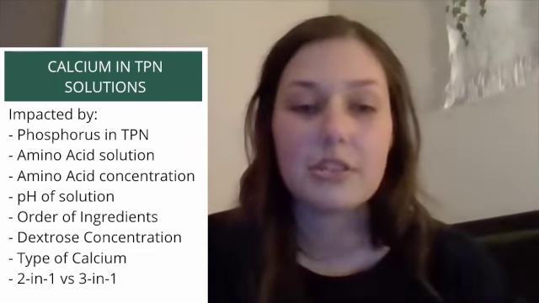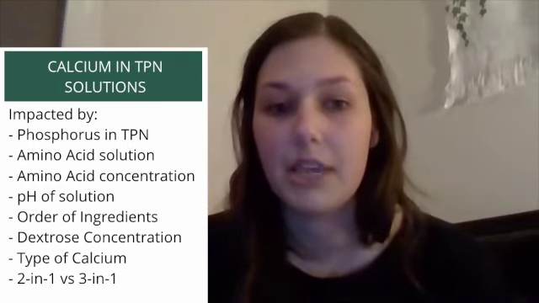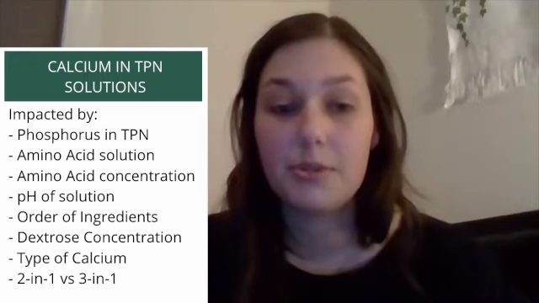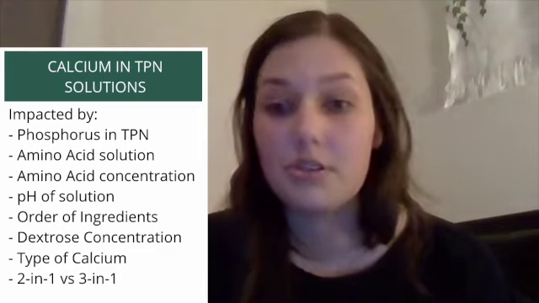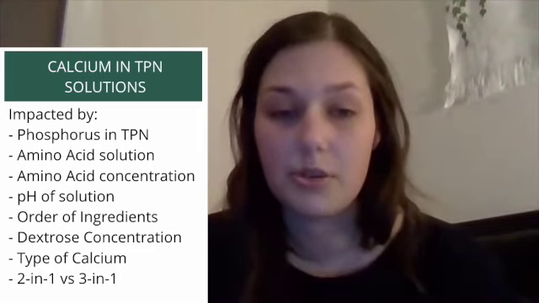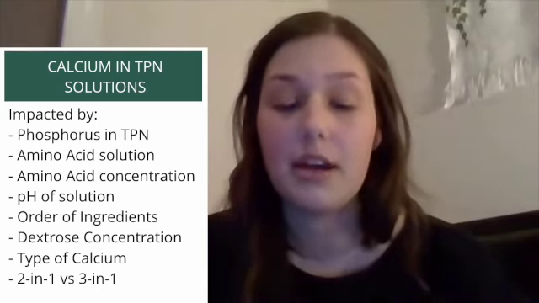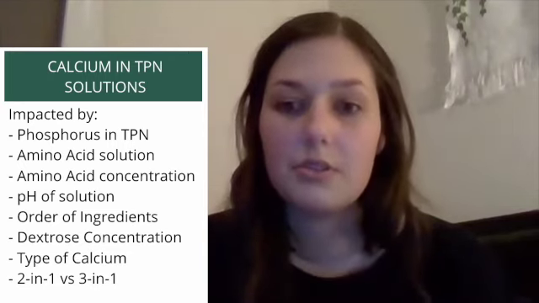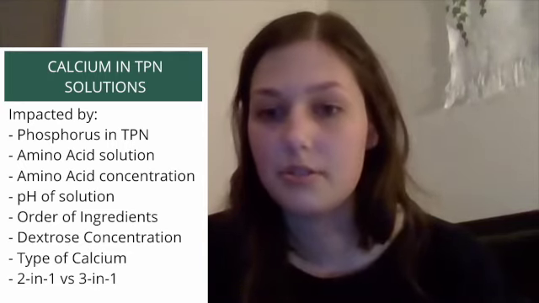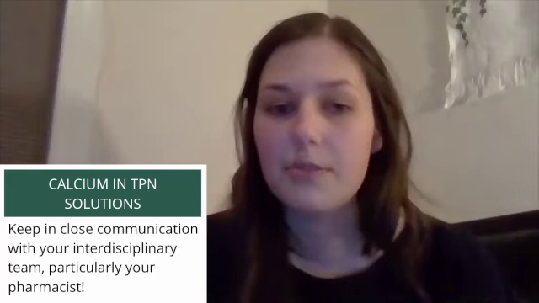So whatever you're adding first and whatever you're adding last, that will affect the ability of calcium and phosphorus to precipitate, or hopefully not precipitate. Your concentration of dextrose in your solution is also going to affect the solubility. Whether you use calcium gluconate or calcium chloride. And then additionally, if you're using a 2-in-1 solution, so dextrose and amino acids with separate lipids, versus a 3-in-1. So all of those factors affect calcium and phosphorus solubility.